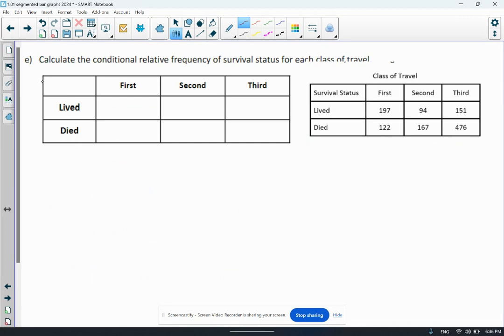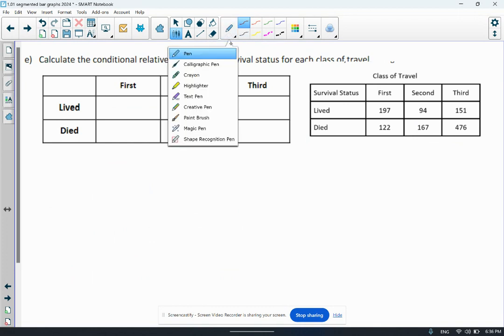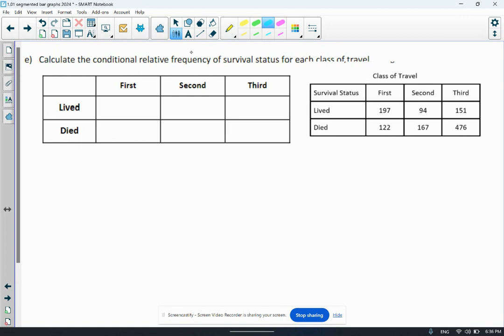And Part E is like example 4, but not exactly. It's similar. You'll see why in a second. So now we want to find the conditional relative frequency of survival status for each class of travel. So the condition is the class of travel.